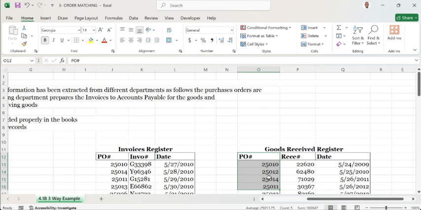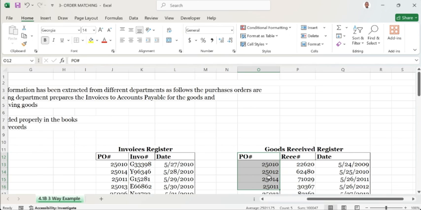Let's say you issued a purchase order of 26. The invoice that is coming to us for payment should include that purchase order, so it should be 26.